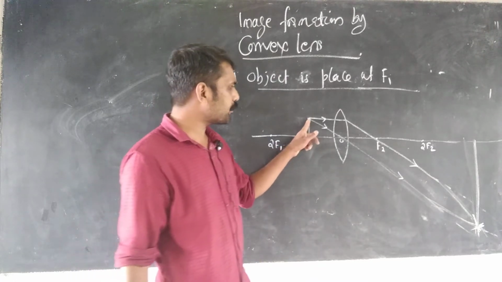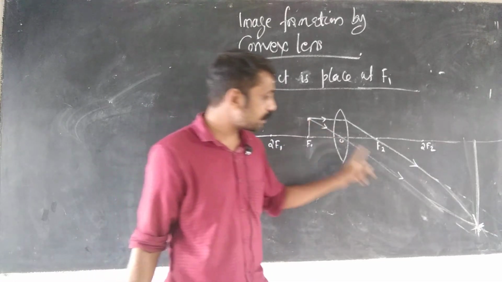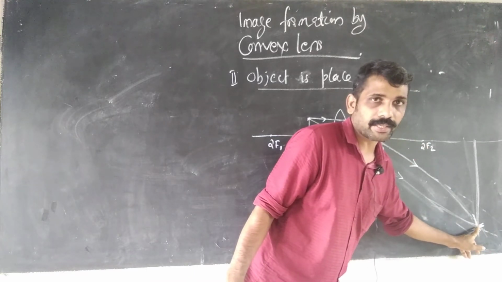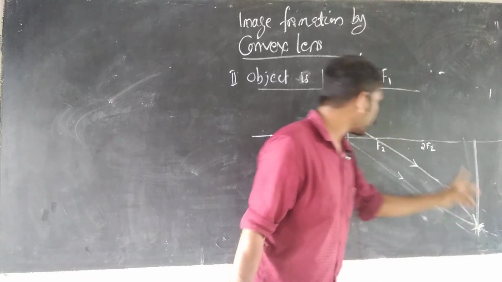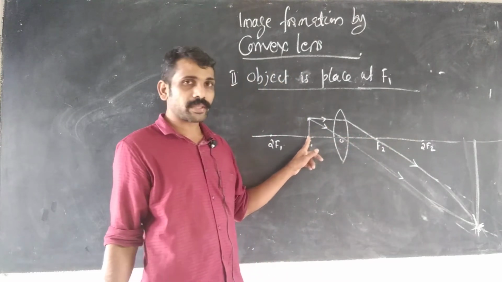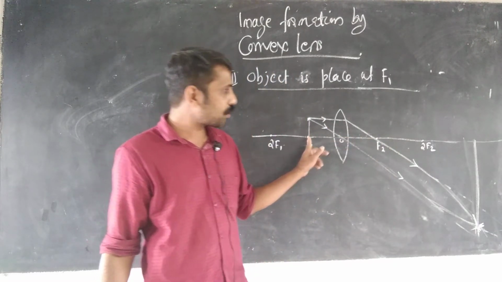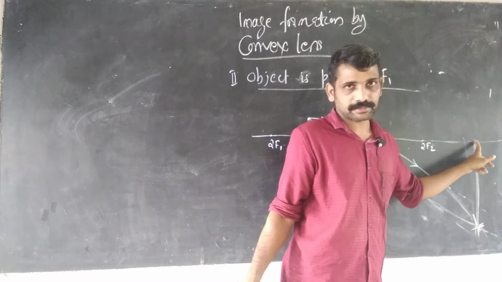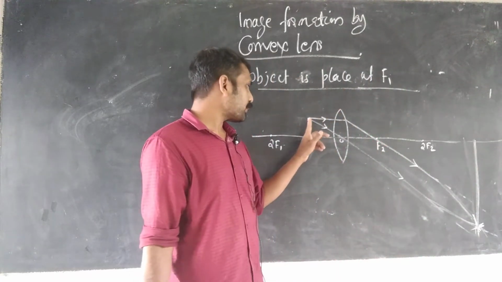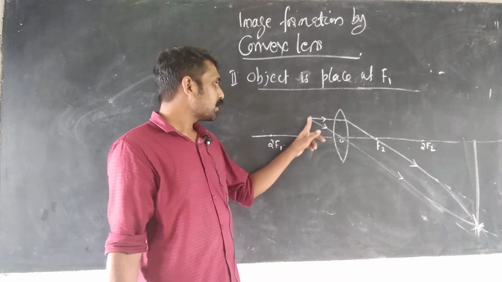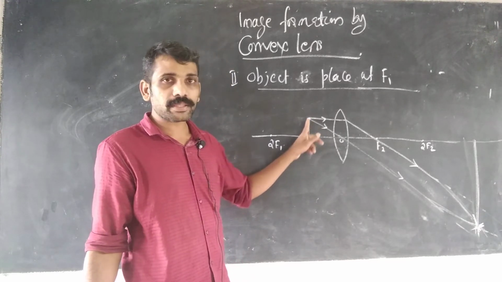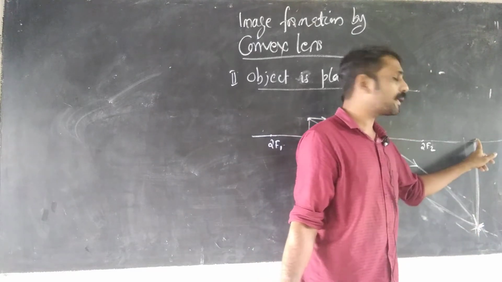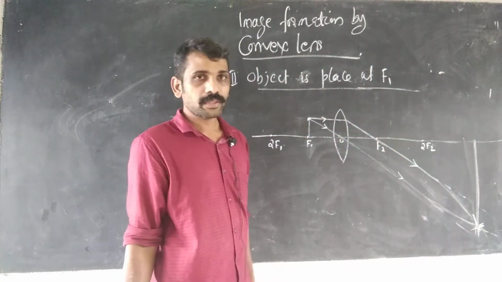These two rays are coming from the head of the object, so here the image head is formed. Here the leg of the image is situated on the principal axis, so the leg of the image will be formed on the principal axis. And the line connecting head and leg of the object is a straight line. Here also the line connecting head and leg is a straight line.